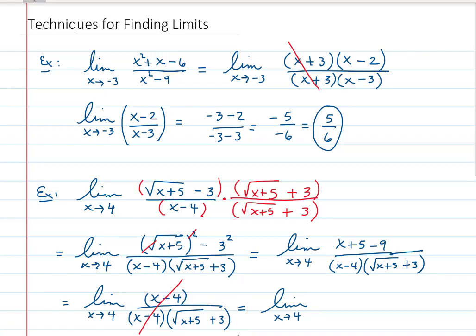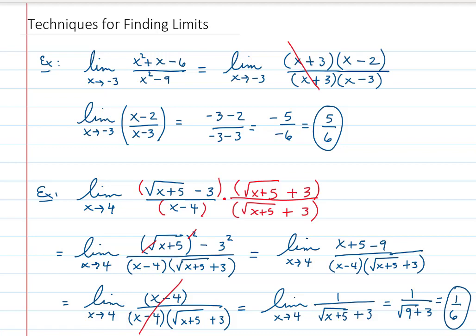So I end up with just 1 on top. It was a good thing that I didn't distribute this on the bottom, so it was easy to cancel the x minus 4. And I still have this square root of x plus 5 plus 3. Now, because this is no longer a minus, I can plug in the 4, and that gives me 1 over square root of 9 plus 3, and that's 3 plus 3, which is 6, so this whole limit is 1/6.